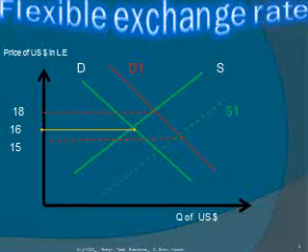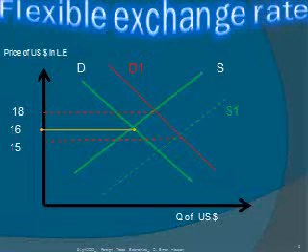In this slide, as you see, we are going to explain the relation between the quantity of US dollars on the horizontal axis and the price of US dollars in terms of Egyptian lira, expressed on the vertical axis.